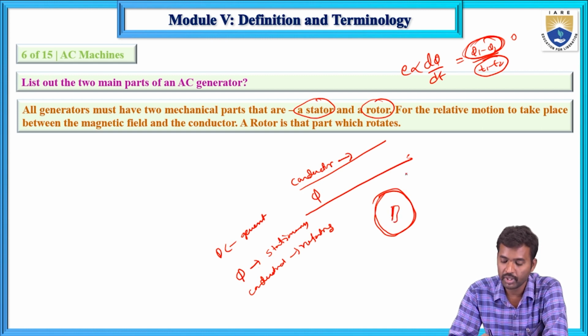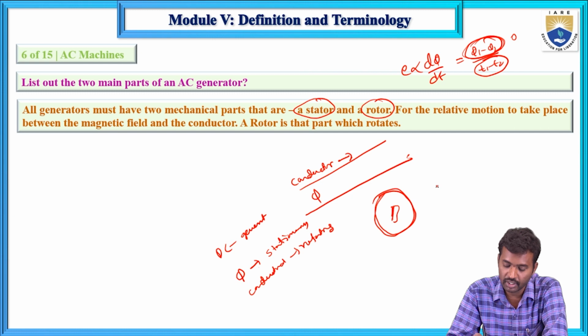So there is a change in flux and a rate of change of flux d phi by dt, and induced EMF will be developed in the armature conductor according to Faraday's law.